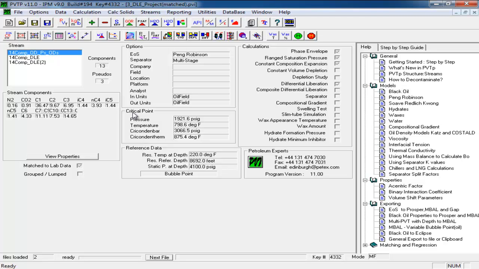So you understood step 1. We match B sub data. Step 2, CCE, and we found it's already matched. In step 3, we match DLE.